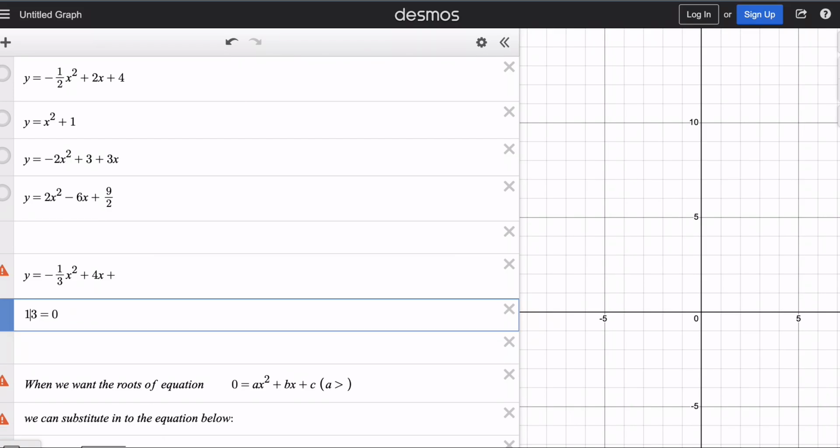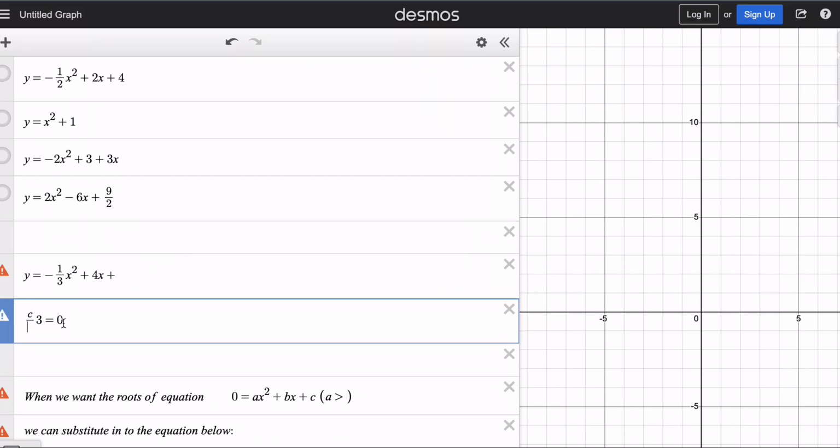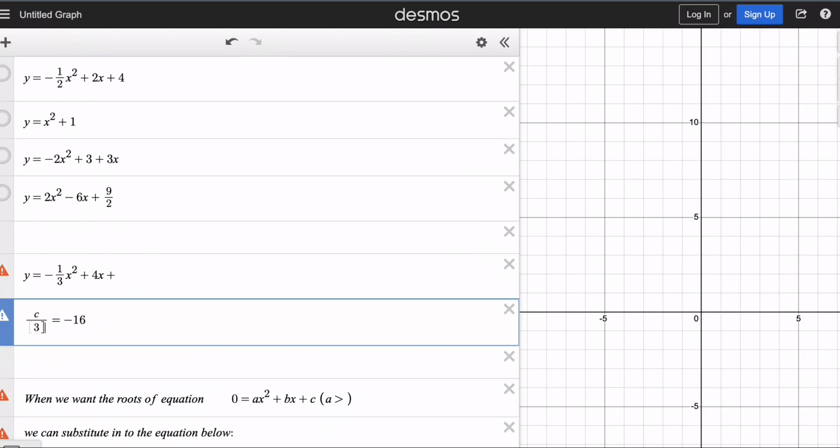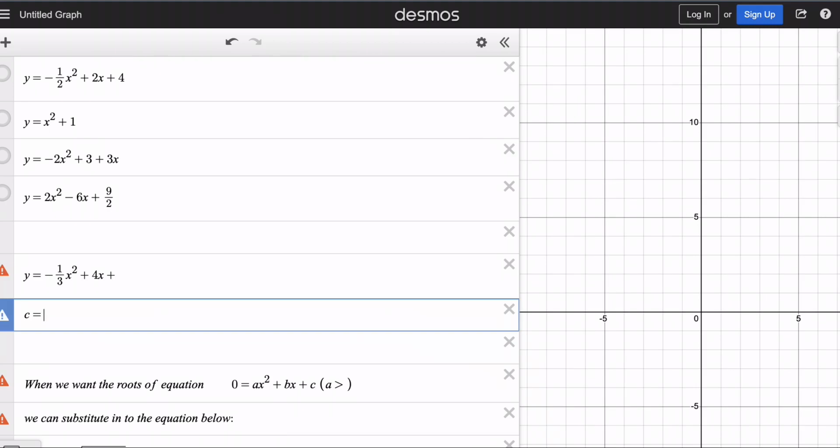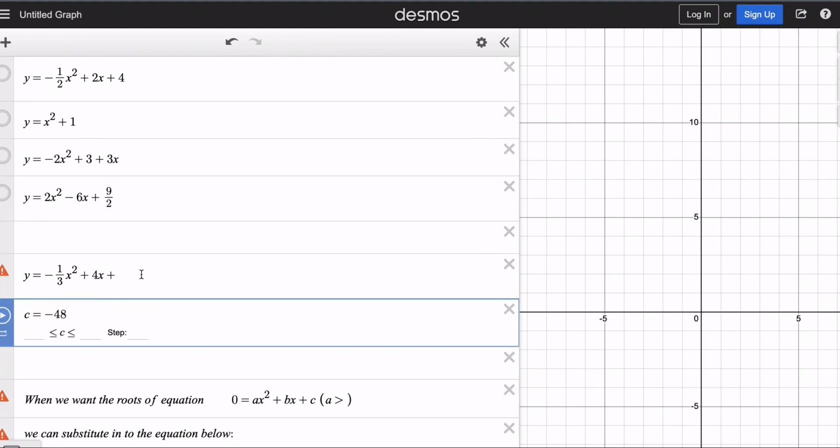So the c over 3 must equal negative 16, and therefore what is c? C equals negative 48, right?